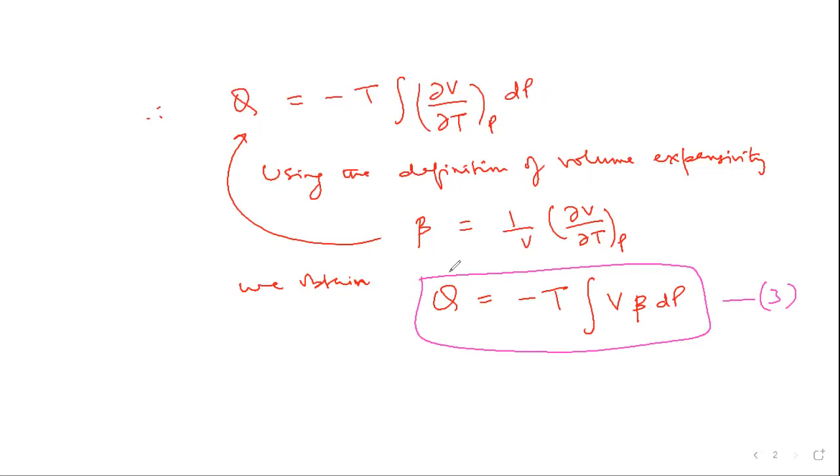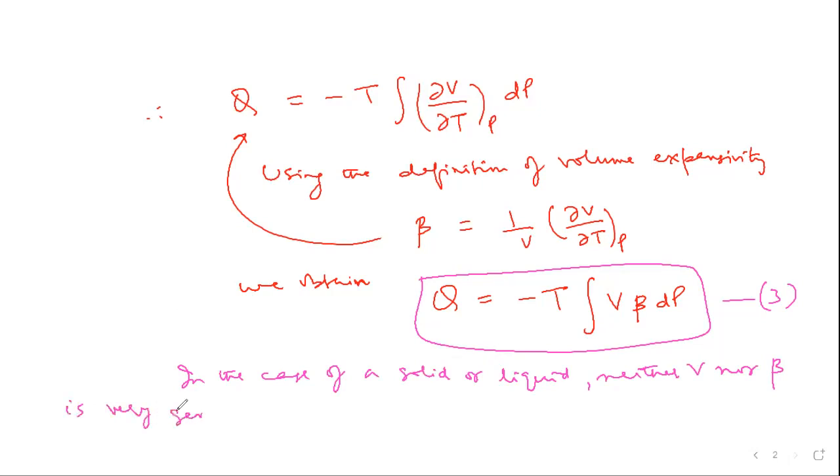Now, in the case of a solid or liquid, neither V nor beta is very sensitive to a change in pressure, right?